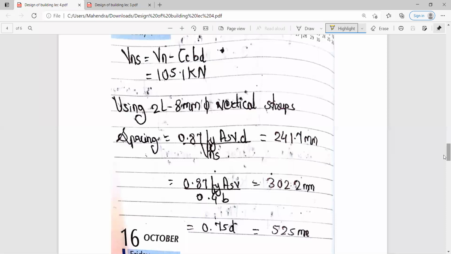You need to calculate VNS. For calculating VNS, again you have the formula, that is Vn minus tau C into BD. So substitute all the values for shear force.